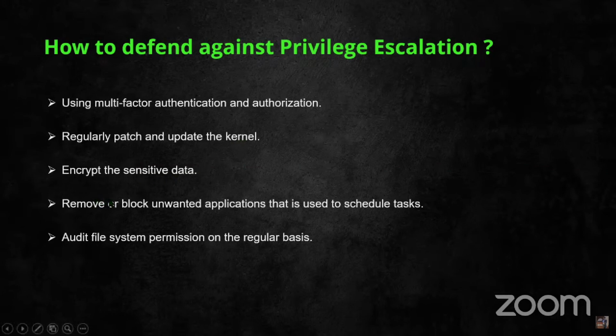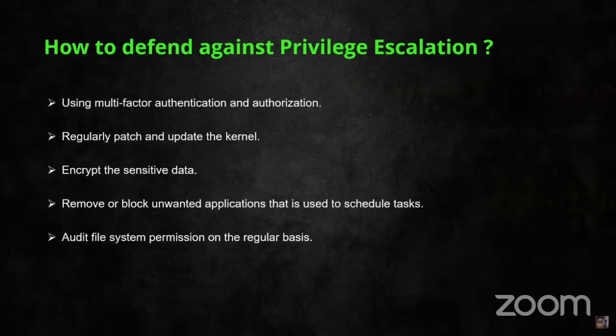Then after that, remove or block unwanted applications that are used to schedule tasks. There is something called a scheduled task. Sometimes we schedule a task using a cron job, right? And a cron job can be scheduled by a super user. So once we have the access of a super user, we can schedule some task, and inside the task we can attach some script.